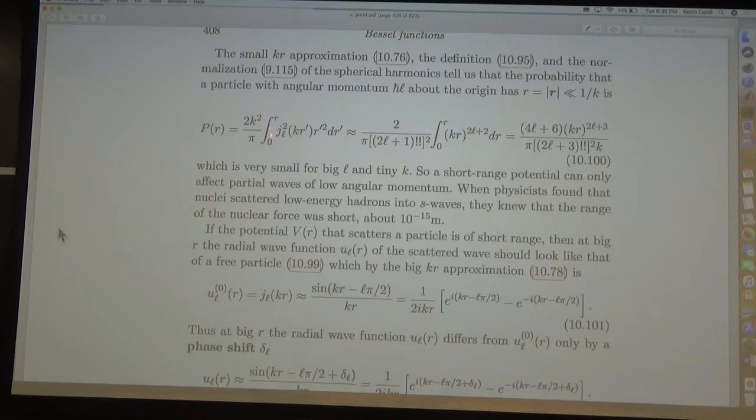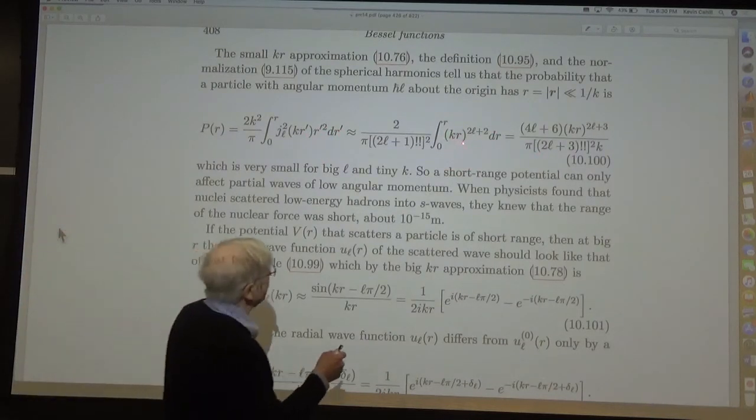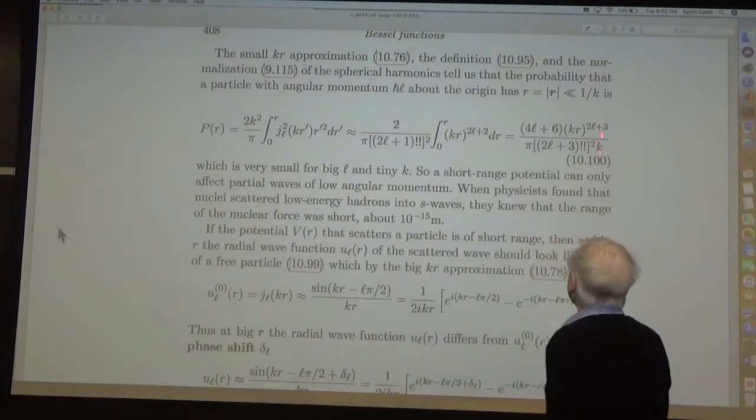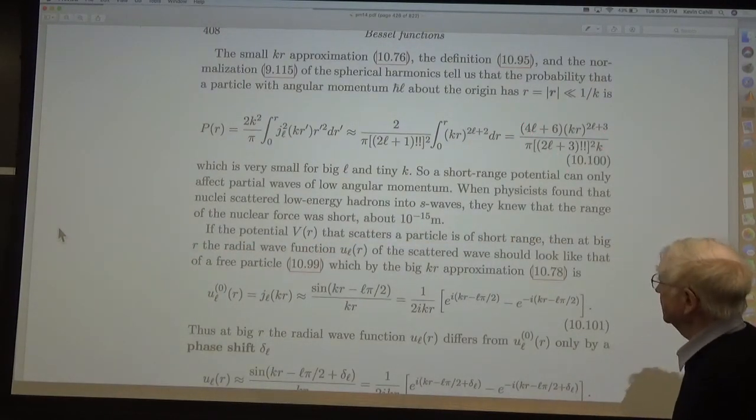You integrate from 0 to R, j_l of kr prime, r prime squared, dr prime. And that gives you approximately, well, the approximation for small kr is r to the l, so you have r to the 2l plus 2. There's the 2. And, oh, those should be primes on these r's. And you then get this expression here.